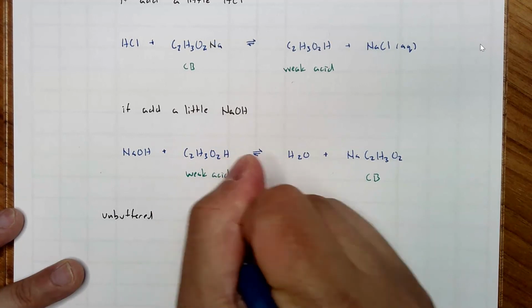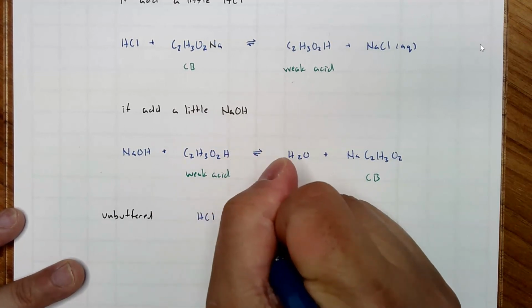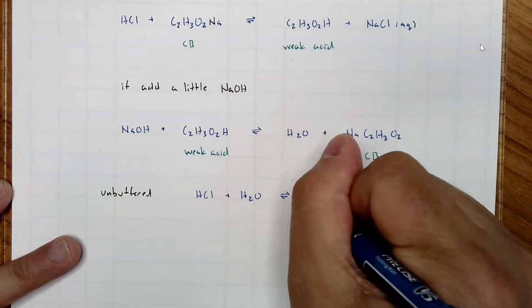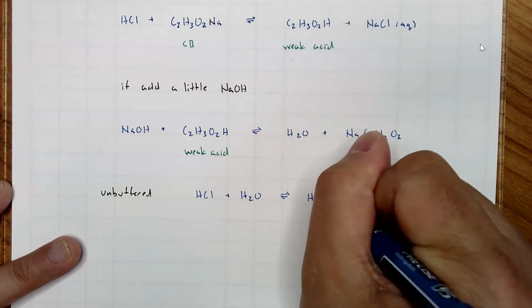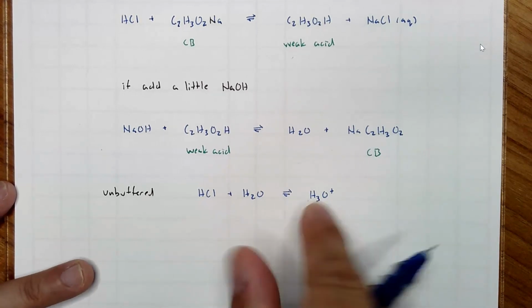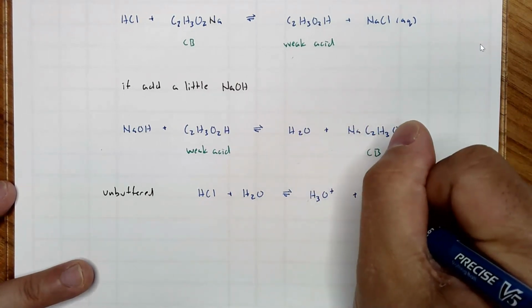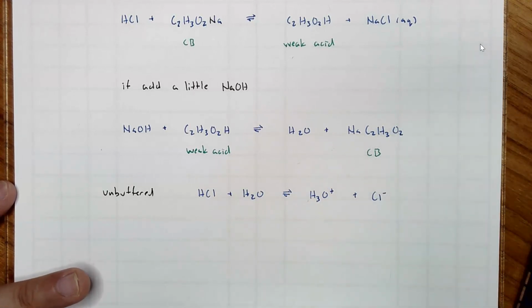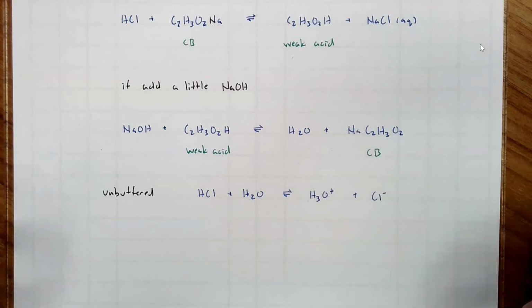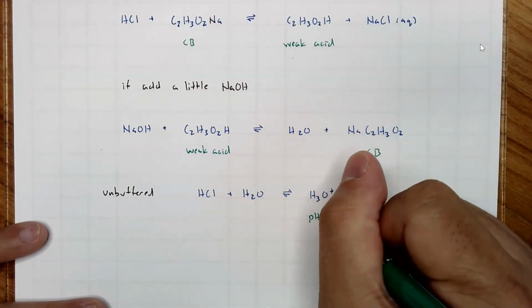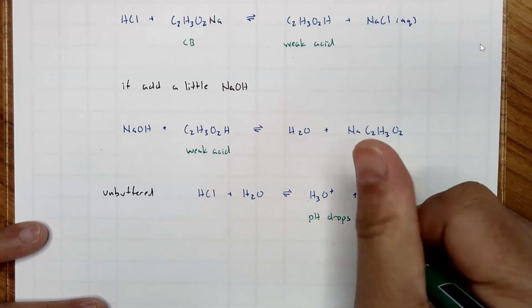If it's unbuffered, you get this. See, no buffer, no conjugate base, and yeah, you get close to 100% H3O plus. That's acid, right? And you have a Cl minus. Okay, and yes, this makes it acidic, and the pH drops a lot.